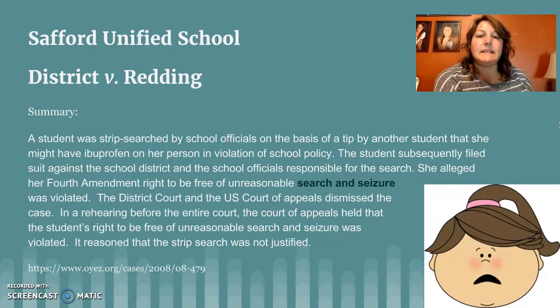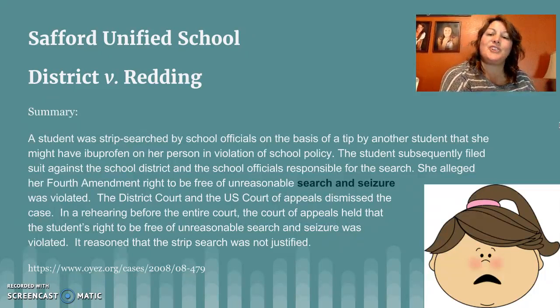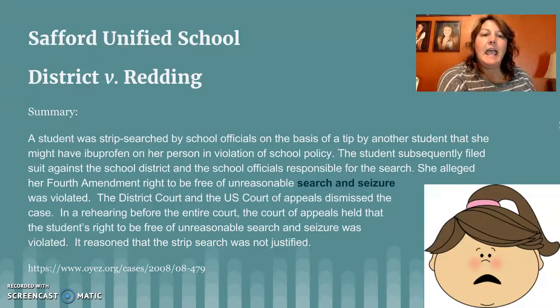Next court case is a case of search and seizure, Safford Unified School District versus Redding. In this case, an 8-year-old girl was strip searched by school officials because they had received a tip by another student that she had ibuprofen on her, and carrying medication on your person is a violation of the school policy.